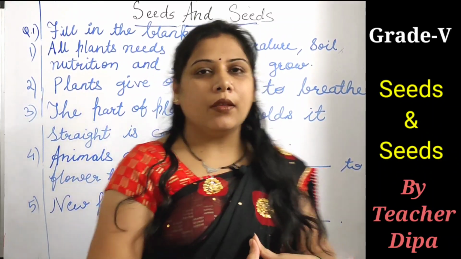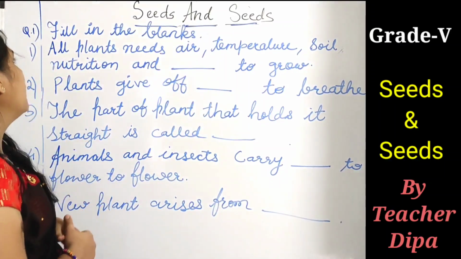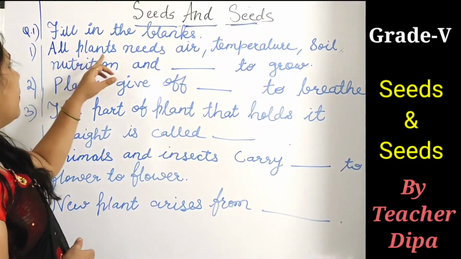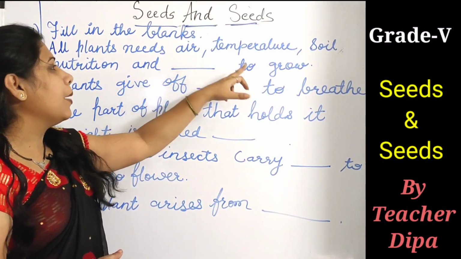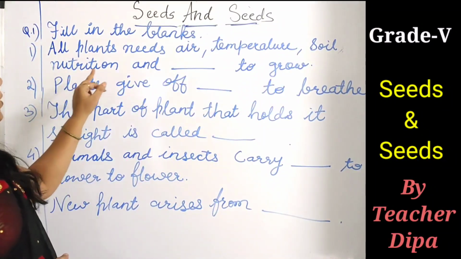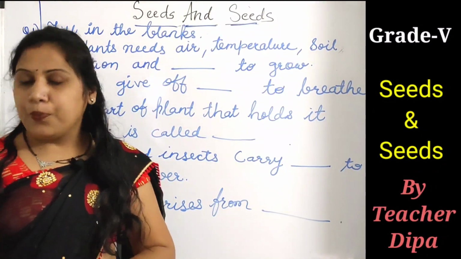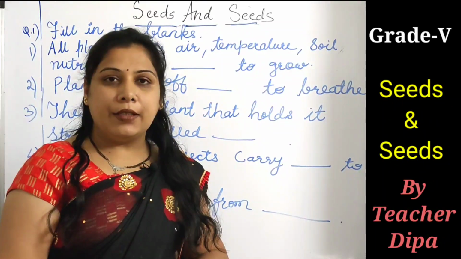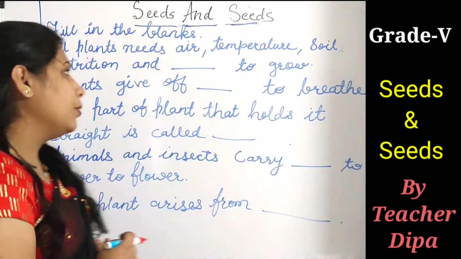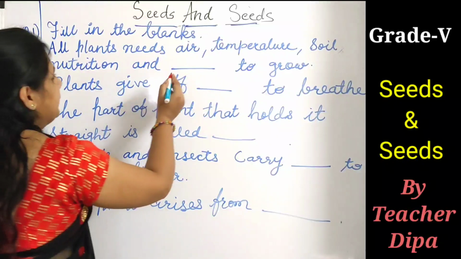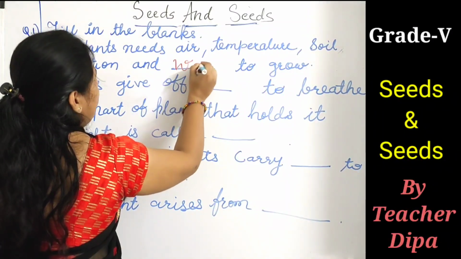So let's begin with the first fill in the blank, that is all plants need air, temperature, soil, nutrition and dash to grow. Now which thing is needed by a plant to grow? The answer for that is water.